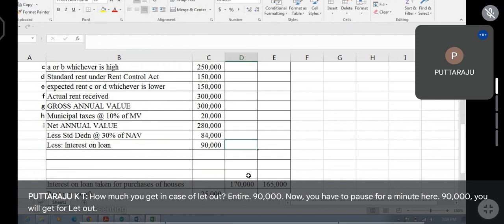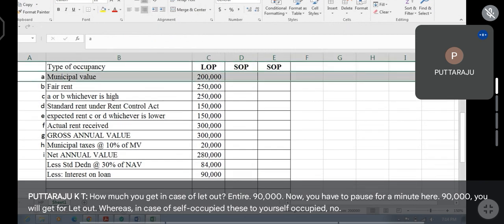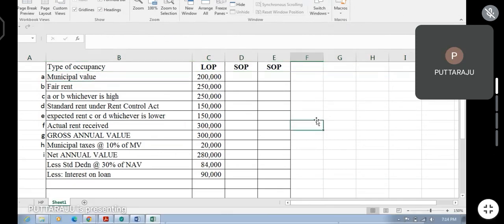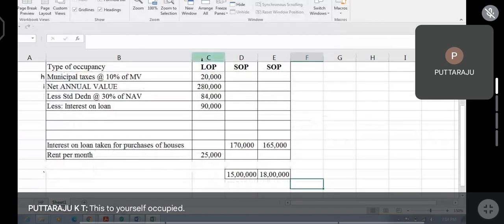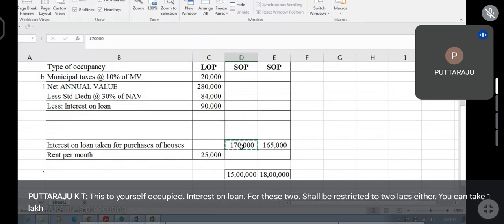Whereas in case of self-occupied, these two are self-occupied, no? Yes, sir. Interest on loan for these two shall be restricted to 2 lakhs. Either you can take 1,70,000 to this, balance 30,000. Are you guys getting?